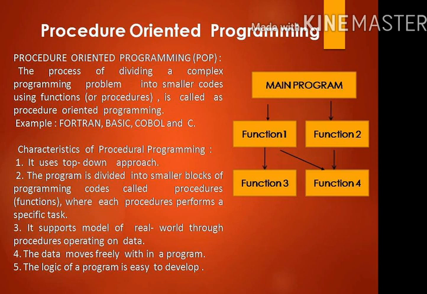Number 3. It supports model of real world through procedures operating on data. Number 4. The data moves freely within a program. Number 5. The logic of a program is easy to develop.